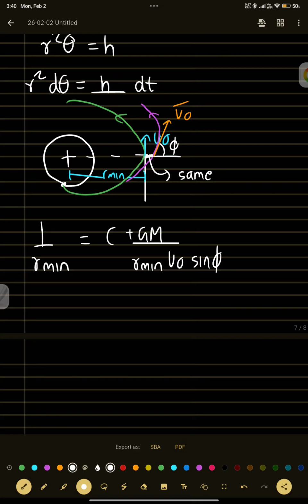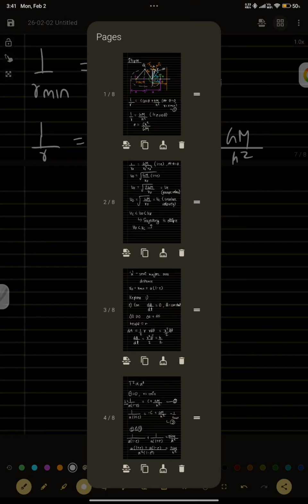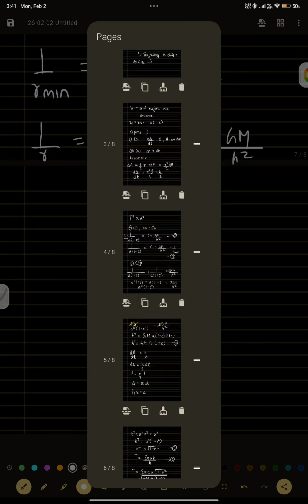When we had solved the differential equation, we had got this solution C. डेल्टा 0 कैसे हुआ था? At theta equal to 0, R was R minimum. What was the characteristic of R minimum so far?